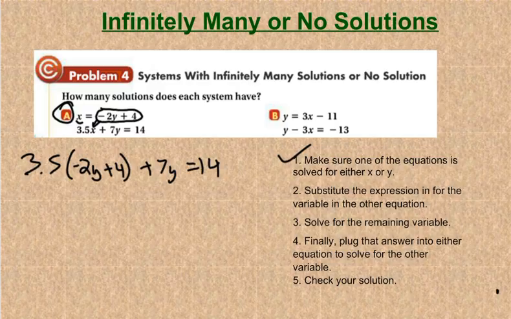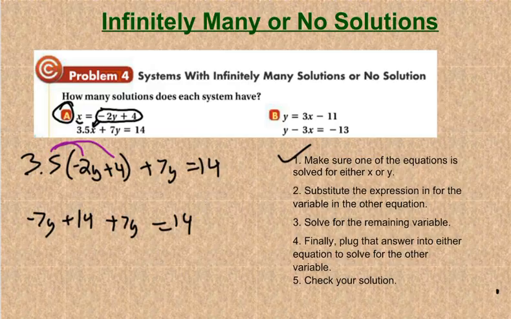Now we're going to simplify and solve for y. Remember the steps for solving equations. First, if there are parentheses, we get rid of them with the distributive property. 3.5 times negative 2 is negative 7, so we have negative 7y. 3.5 times 4 is 14, so plus 14, and then plus 7y equals 14.